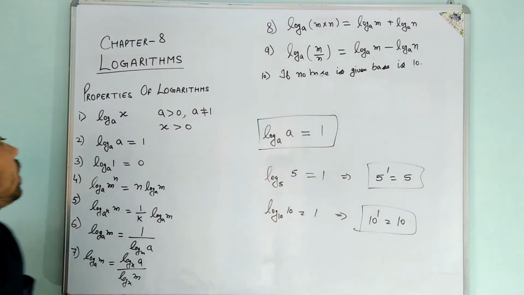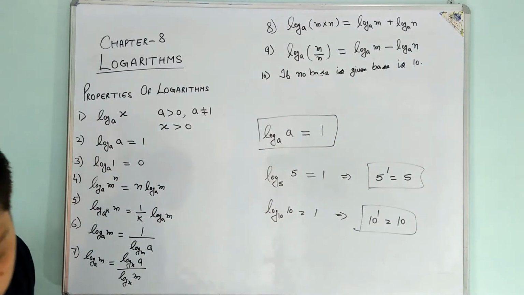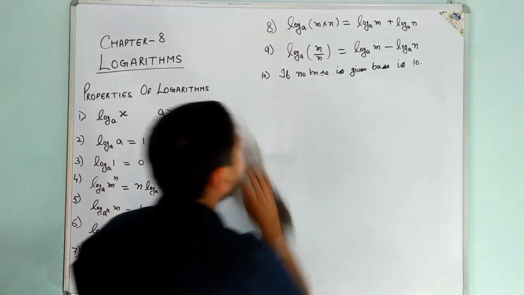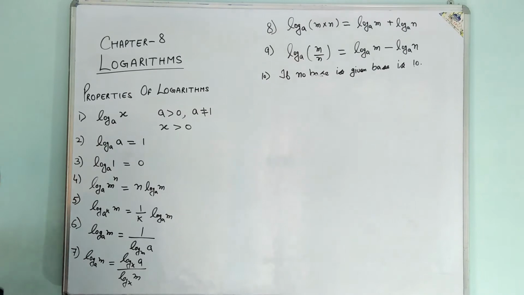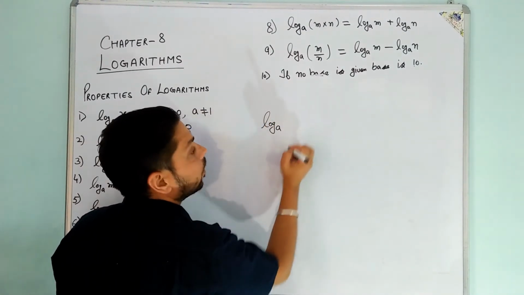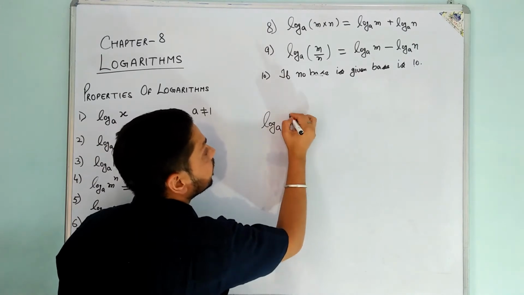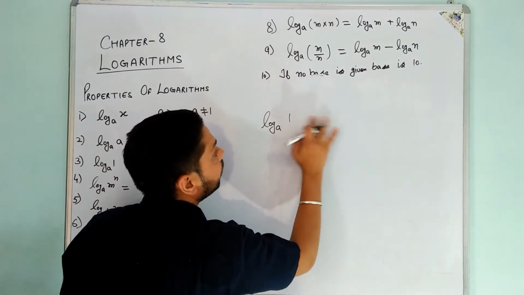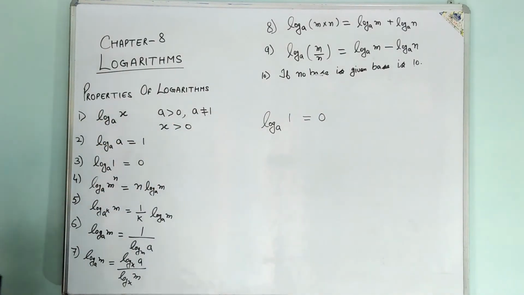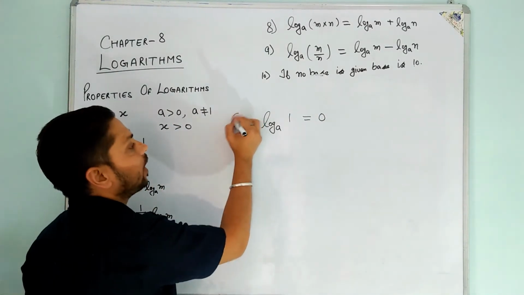Okay. Now come to the third property here, that is log of 1 with base a. Log of 1 with base a is always equal to 0. This is the third property we have.